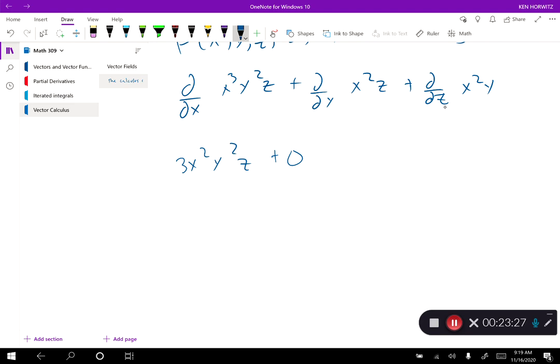My third partial is with respect to z, but there's no z's in it, so that is also plus 0. So when I insert 2, 1, and negative 1 for x, y, and z, I got negative 12. So that would be my divergence, negative 12.